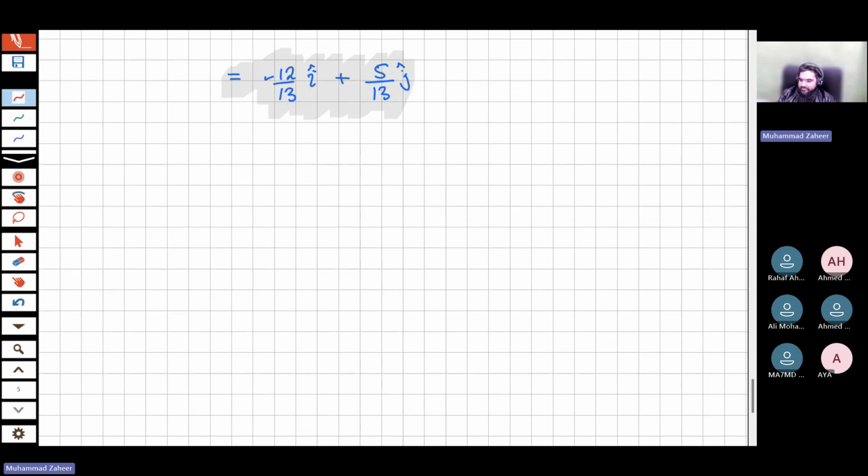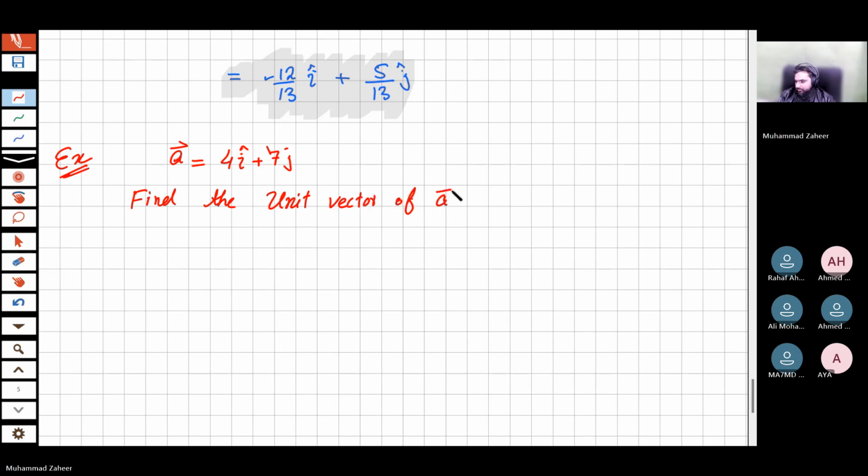Let's take an example. For example, he says that you have a vector 4i plus 7j, and he says find the unit vector of A. We know that if you are going to find the unit vector of A, we need to find two things.